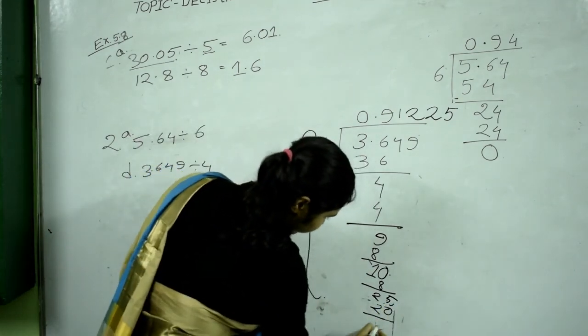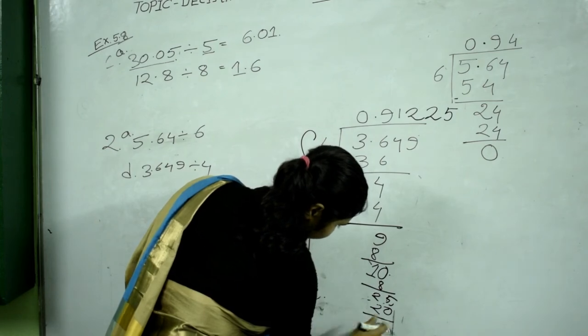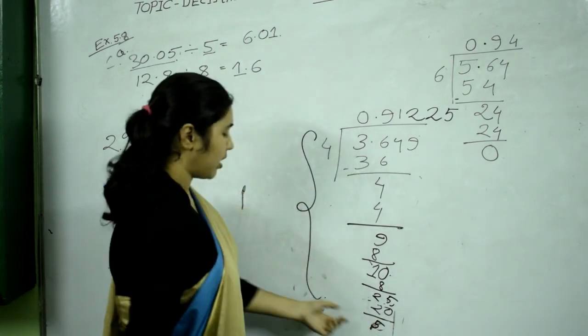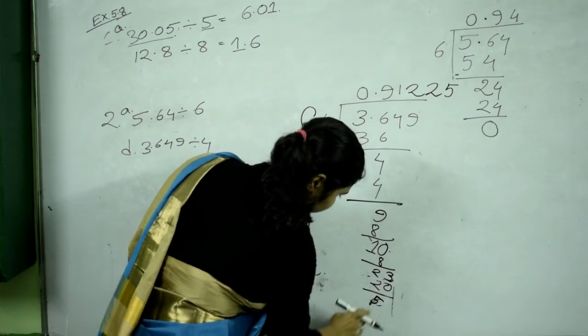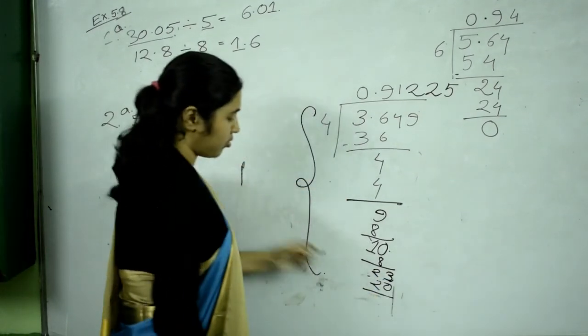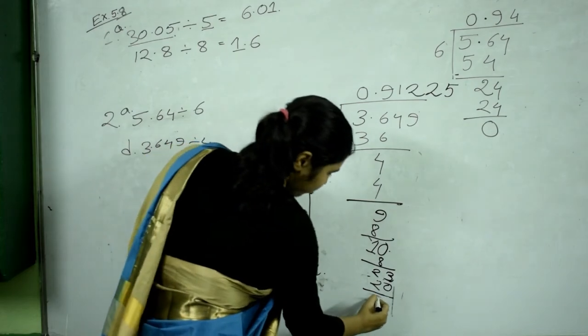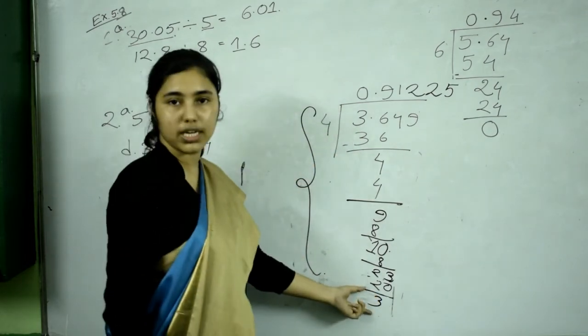So again subtract 20 from 25, we will get 5, right? Again suppose here we consider 23. Now subtract 20 from 23, we will get 3 here, right?